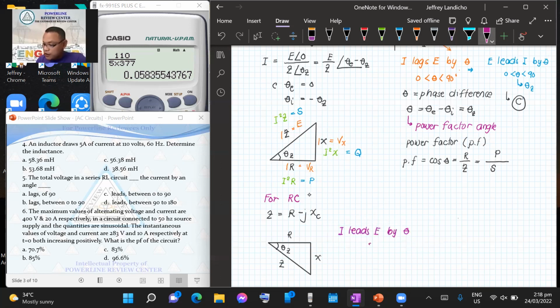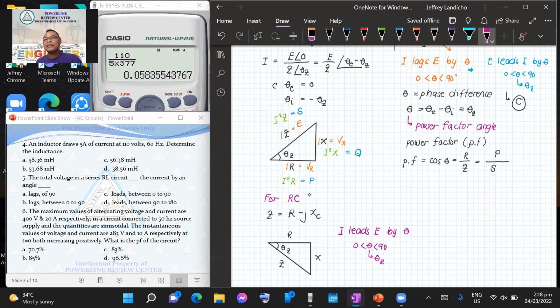At ano ulit si theta? Theta is greater than 0 but less than 90 degree. And this theta, it would be the same, the angle of your impedance. So kaya pag may capacitor, leading.